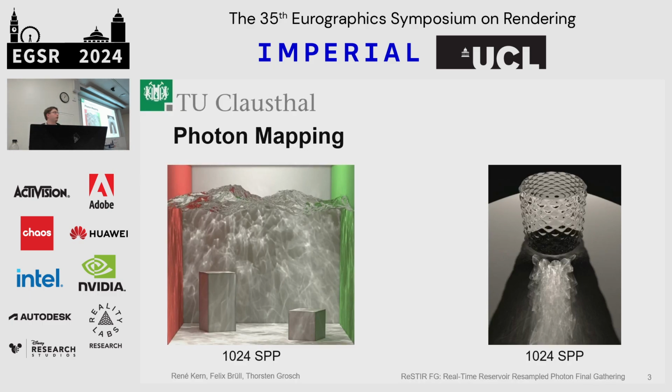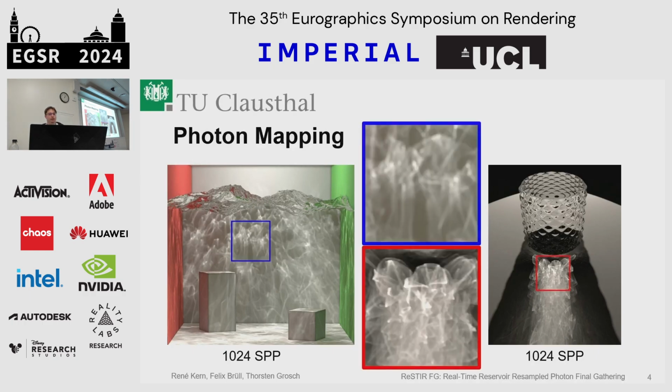But as the collection happens with a fixed radius, even with sufficient samples, photon mapping can always appear a bit blurry. However, this can be fixed using stochastic progressive photon mapping, where the radius is reduced with every frame.